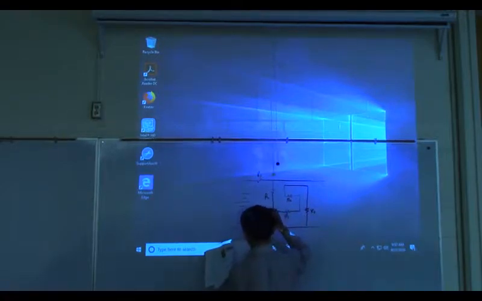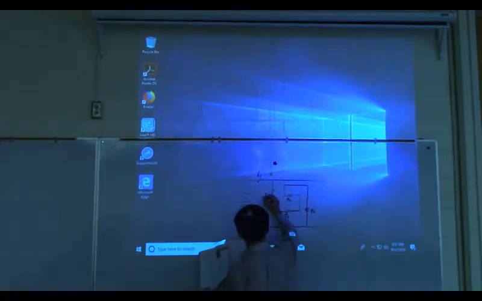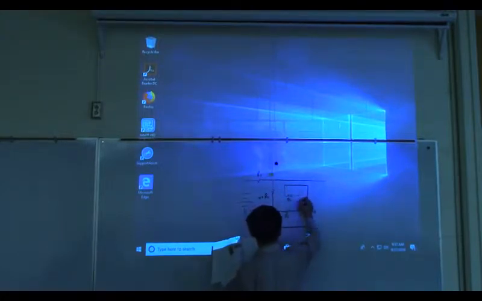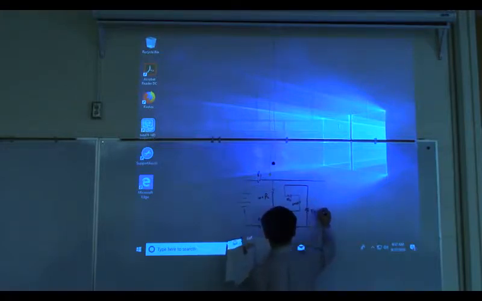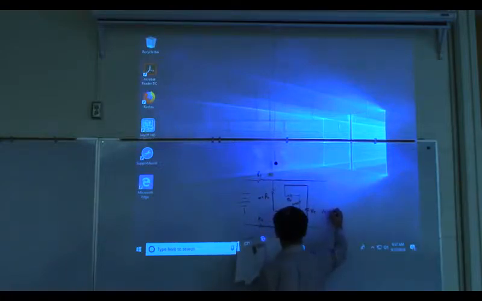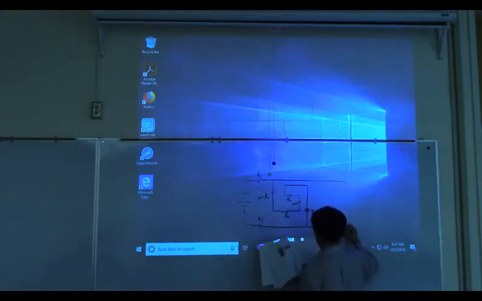Okay, what we know is this one equals 100. And what else? The current here equals 20 mA. And the voltage V5 equals 6.6. And this voltage here equals 20.